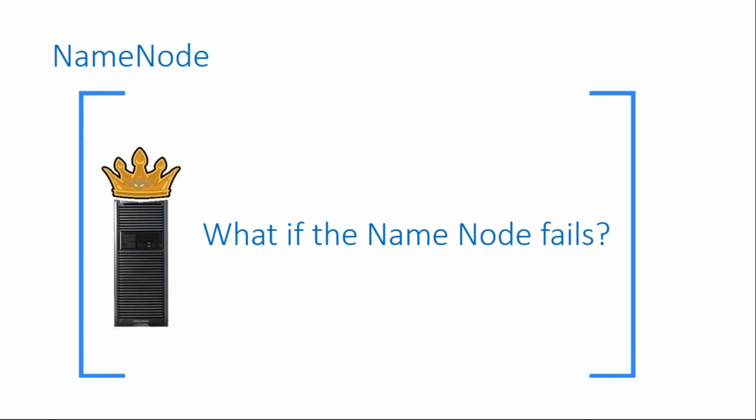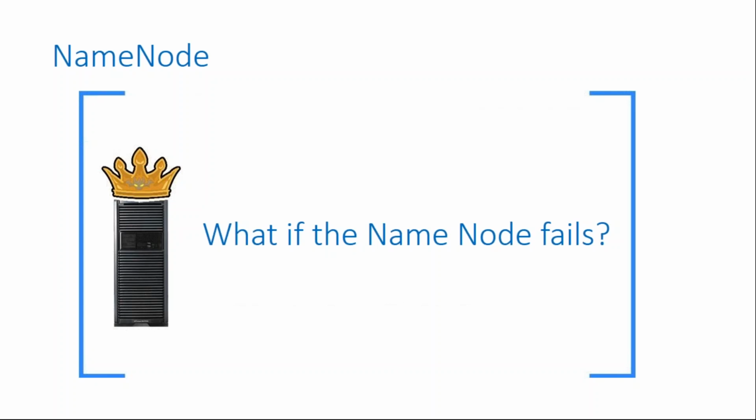The reason is there is no one to process any requests. The data is there, but how to recover the data? There is no way, because the only one who knows what blocks make up what file is this name node.